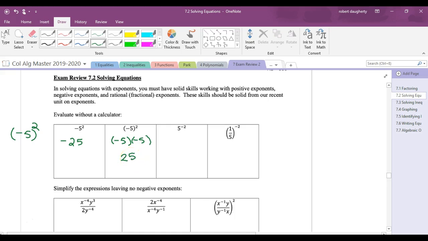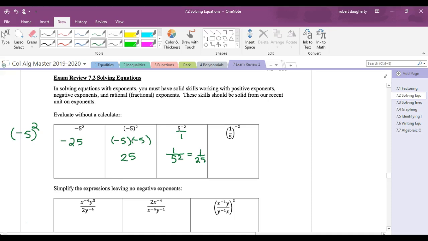5 to the negative 2. The way we handle negative exponents, wherever we find them, numerator or denominator, we make them positive by moving them to the other location. So this is a negative exponent in the numerator. It becomes positive when it goes to the denominator. So this is 1/25. You look at the next one.